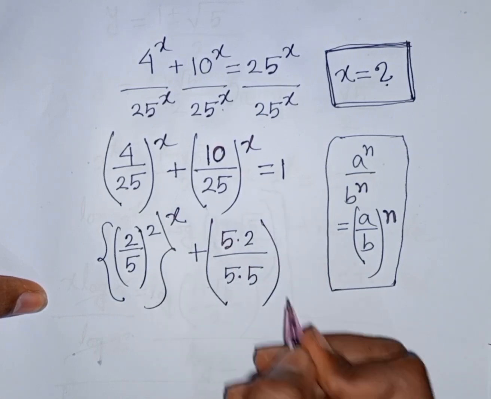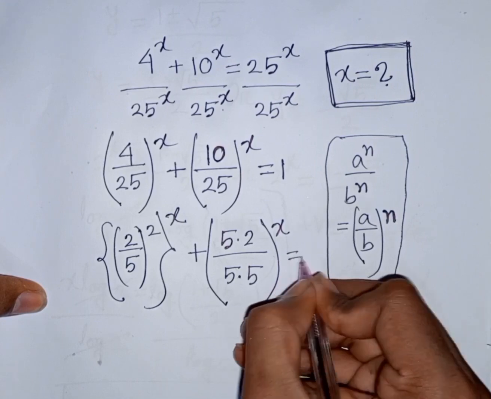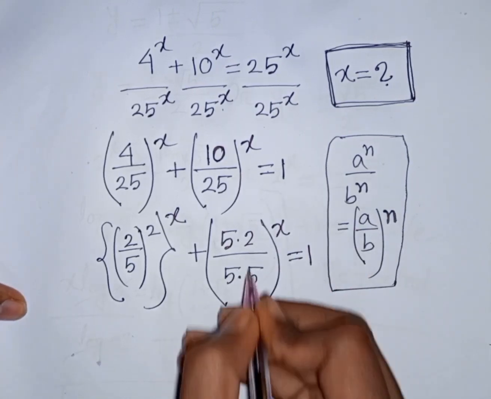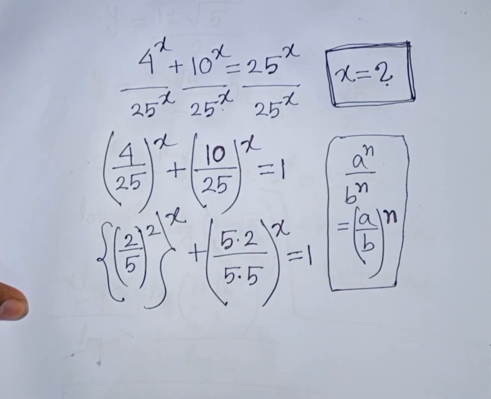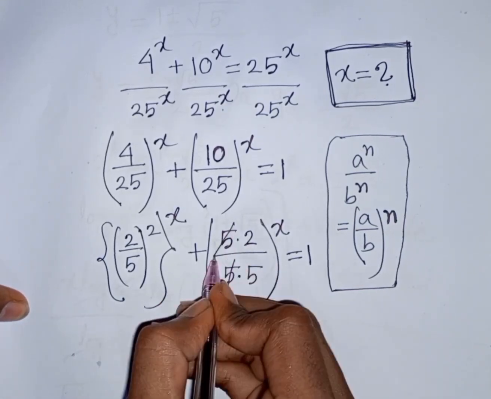Then bracket power of x is equal to 1. Now we see this 5 will be cancelled.